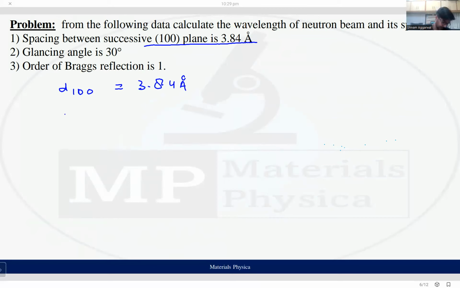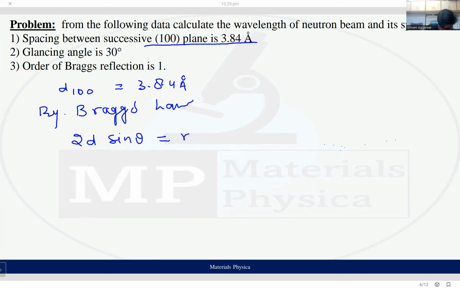And the glancing angle is 30 degree and the order of the Bragg's reflection is 1. So n is equal to 1. By Bragg's law, 2d sin theta is equal to n lambda. Here the value of d is 3.84, n is 1 and theta is 30, and we have to calculate the wavelength of the neutron beam.